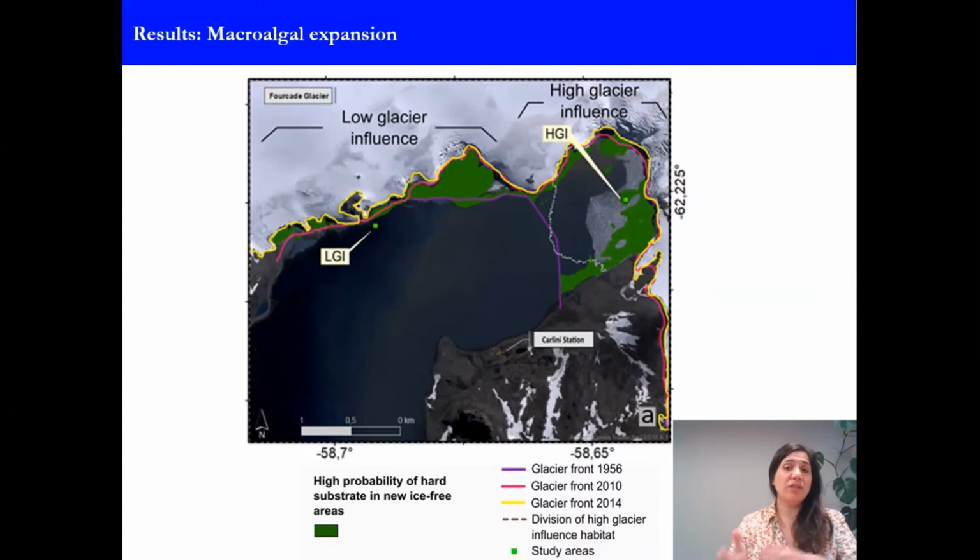And then, using the information from the quadrat surveys, the percent cover, and the information we have of all the hard substrate that became available, this is an approximation, a projection of the possible area that could have been colonized by macroalgae due to this glacier retreat.